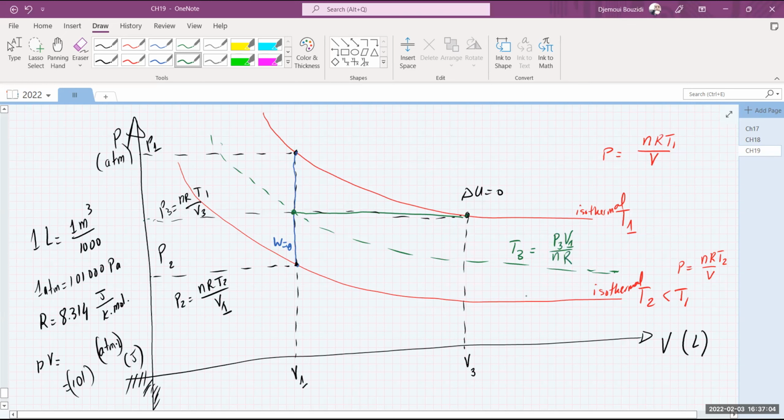So that is that temperature. Clearly, that temperature is less than T1, but more than T2, from the graph. So T3 is another isothermal, and the temperature is T3 everywhere in here.